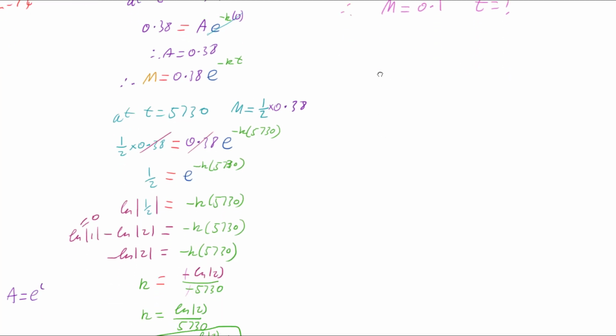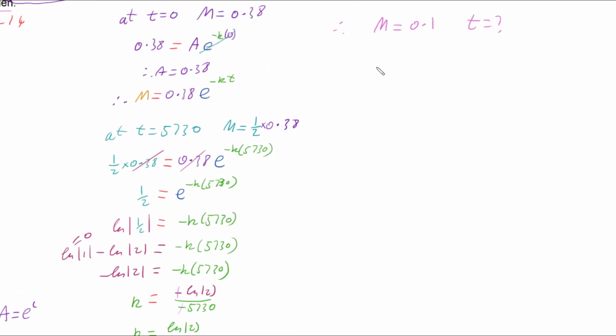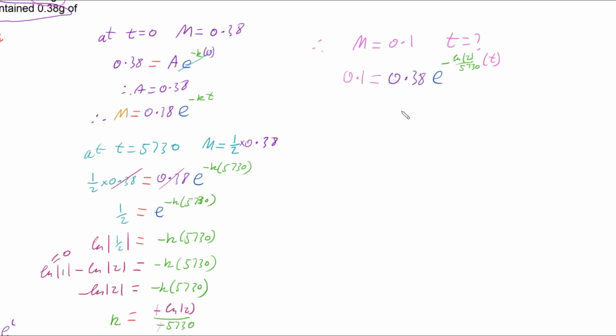So if we go to our rule that we just worked out, we're going to have 0.1 equals 0.38 e to the negative ln of 2 over 5,730 times an unknown time t. And so we just want to solve this for t.